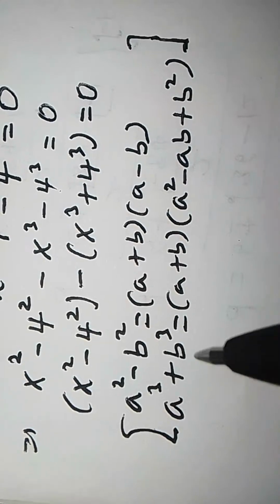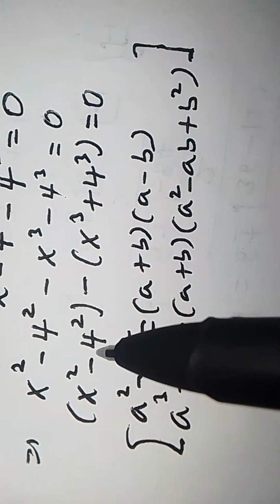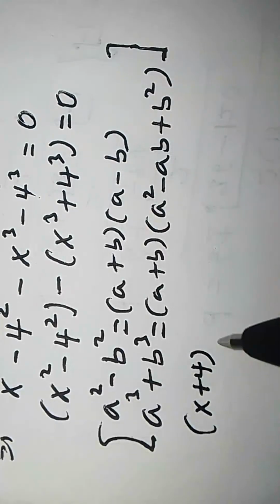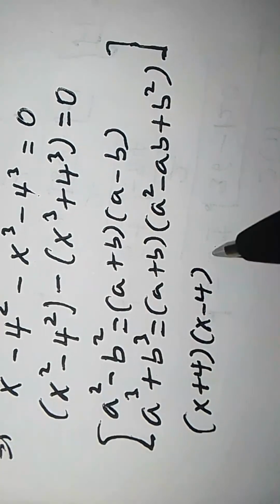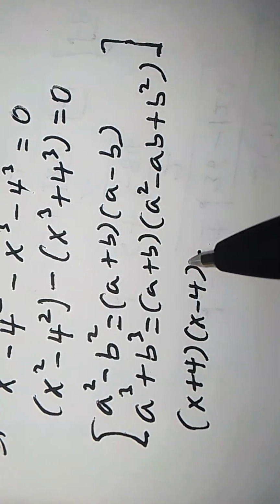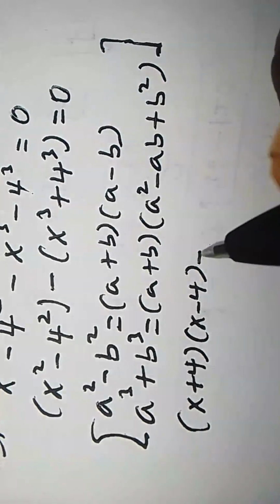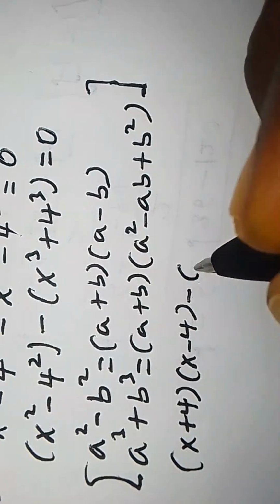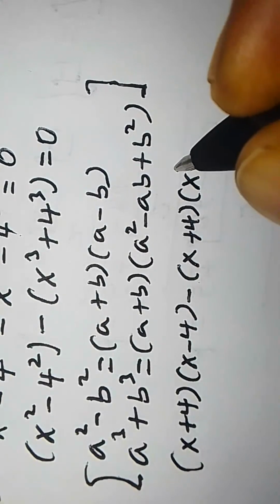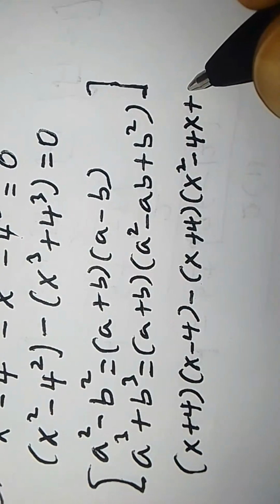Now, applying this first property to this one, we are going to have x plus 4 times x minus 4, minus, now applying this second property to this one, we are going to have x plus 4 times x square minus 4x plus 4 square.